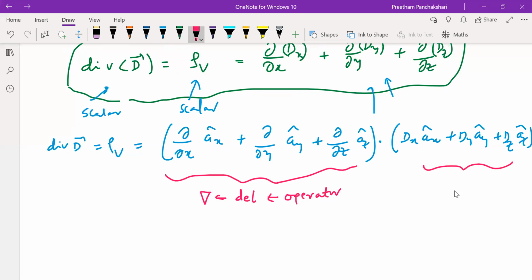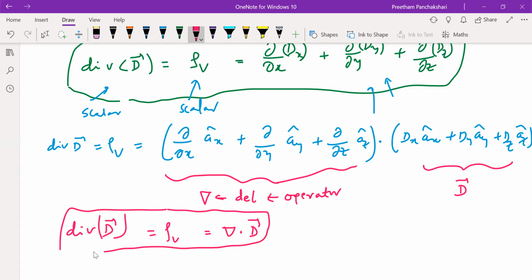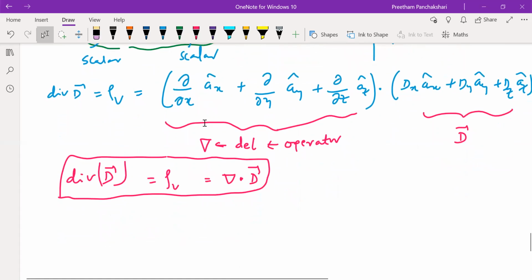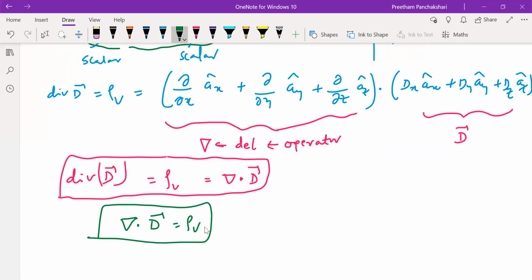Then the second term can be denoted as vector D. Then finally, we get a useful relation: del dot D. So hereafter, the term del dot D can be pronounced as divergence of D. This equation can be used to find volume charge density, or we can take out the last two terms and make one separate equation: divergence of D is equal to rho v.